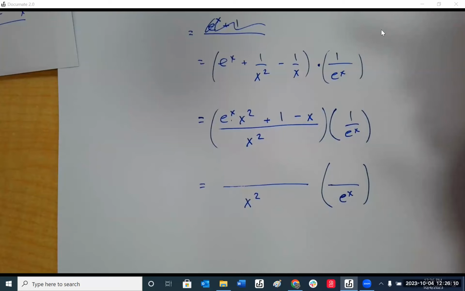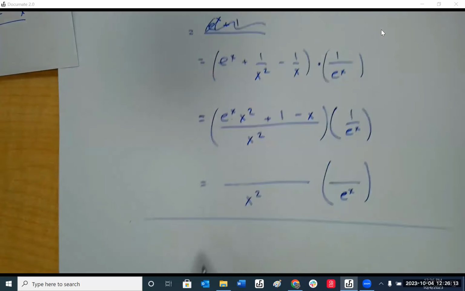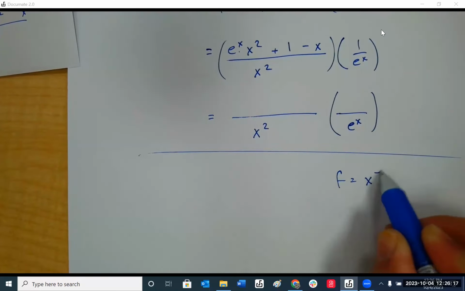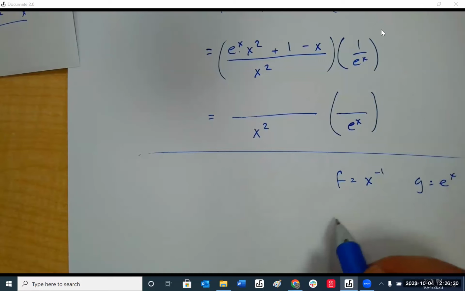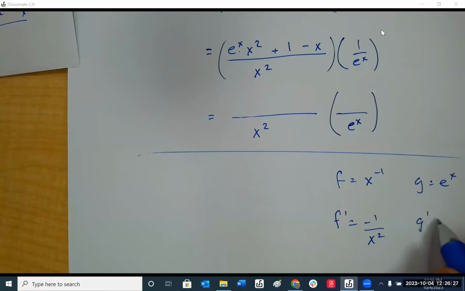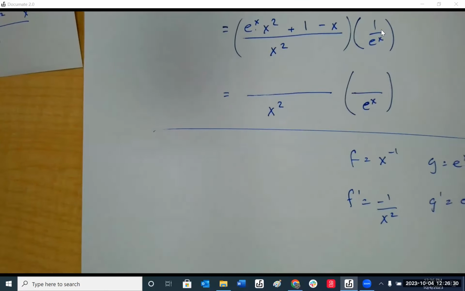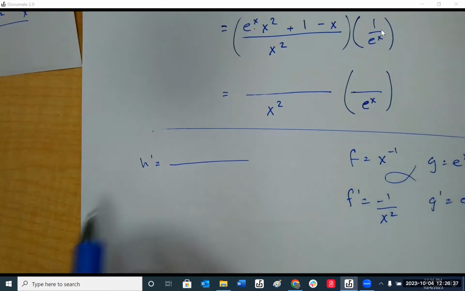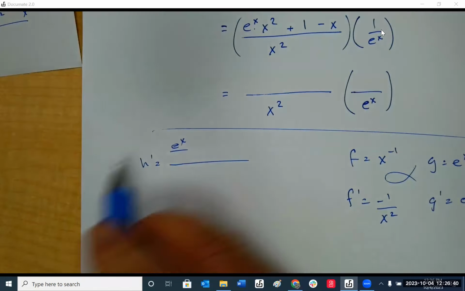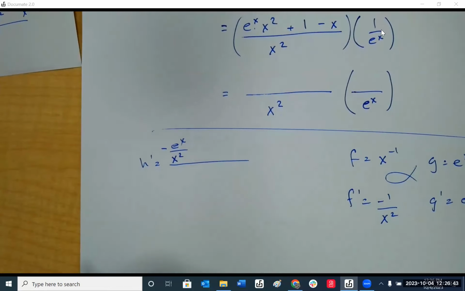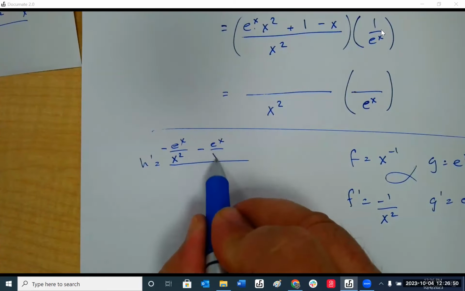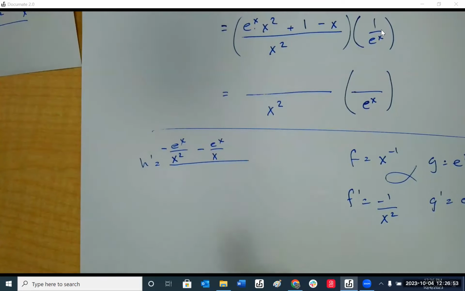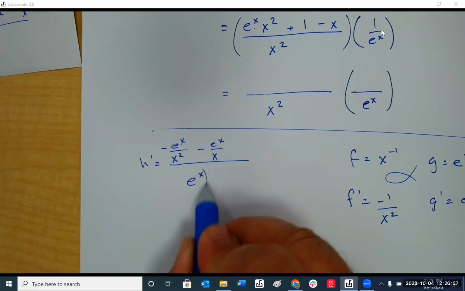Let me put it this way. So e to the x over negative e to the x over x squared minus e to the x over x, over e to the x squared.